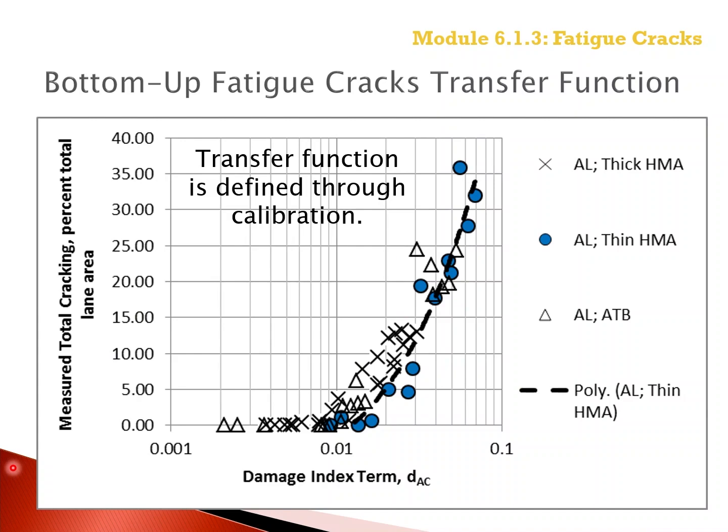This graph displays an illustration of the transfer function for bottom-up fatigue cracks of flexible pavements. The transfer function is defined through the calibration process by relating the accumulated bottom-up fatigue cracking damage to the percent total lane area of cracking measured at the surface for different flexible pavement sections.